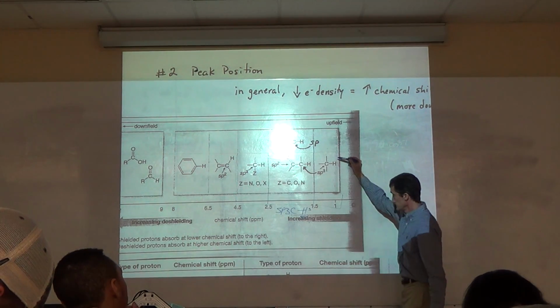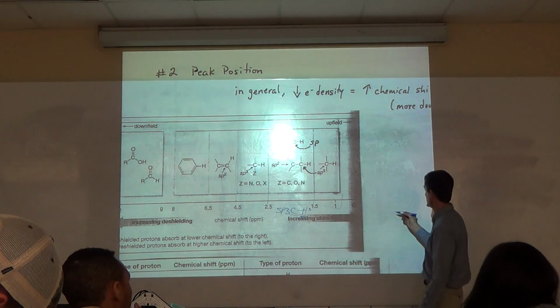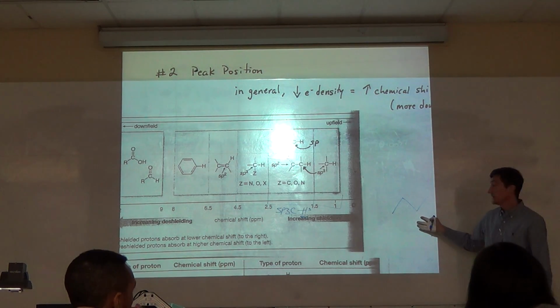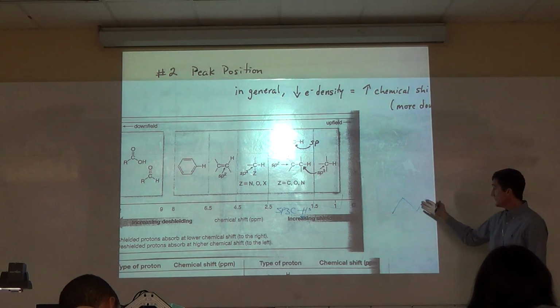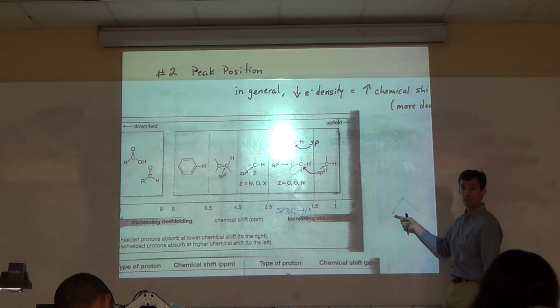Now, what's the plainest type of hydrogen, where there's no deshielding? Like this one, there's no halogen or anything. These are just plain sp3, and the H's are going to be about 1 ppm.